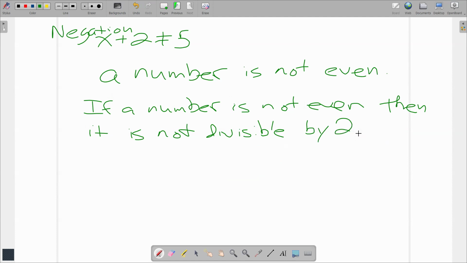So for many things, a negation is just putting a not in front of whatever the verb was, or whatever the focus was, like equal versus not equal, even versus not even, divisible versus not divisible.